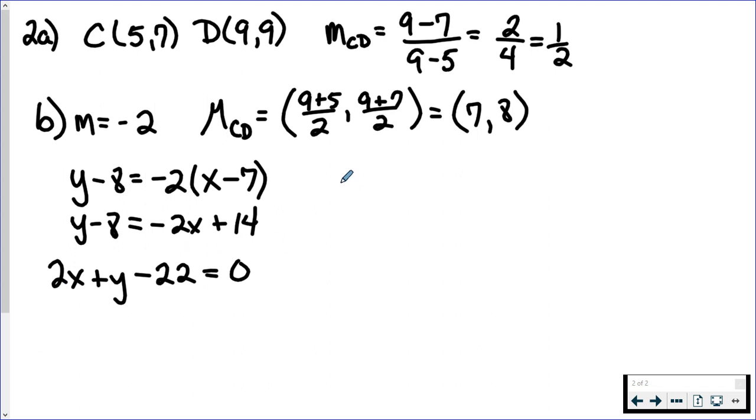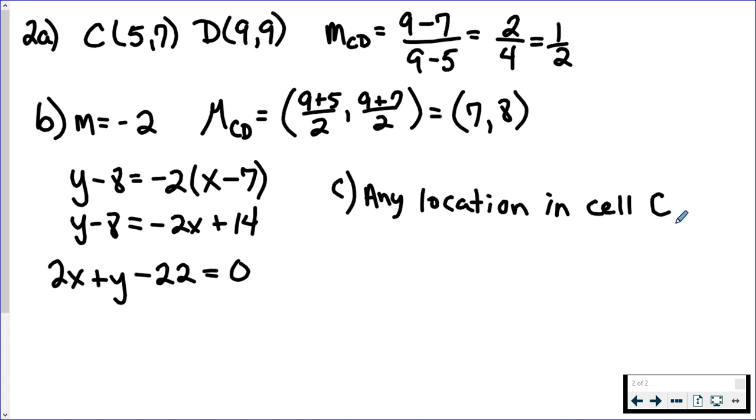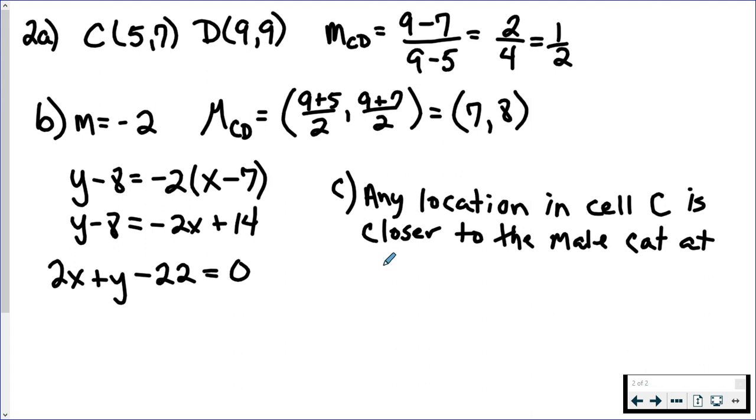In the context of the question, explain the significance of the Voronoi cell containing site C. So any location inside cell C is closer to the male cat at point C than any other cat.